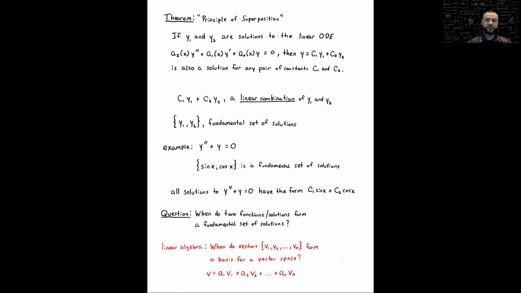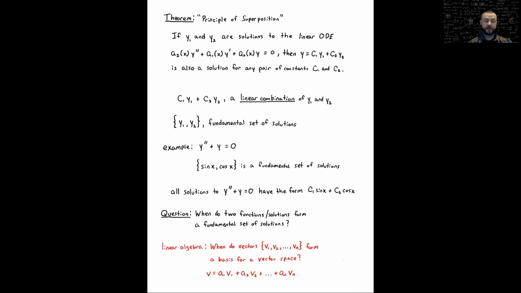Now the question that we're going to ask right now to get us to the next topic is, when do two functions or solutions form a fundamental set of solutions? In linear algebra, for those of you that have taken it or maybe will be taking it shortly, this is a question you would have been asked in your course: when do vectors v1, v2 up to v sub n form a basis for a vector space?